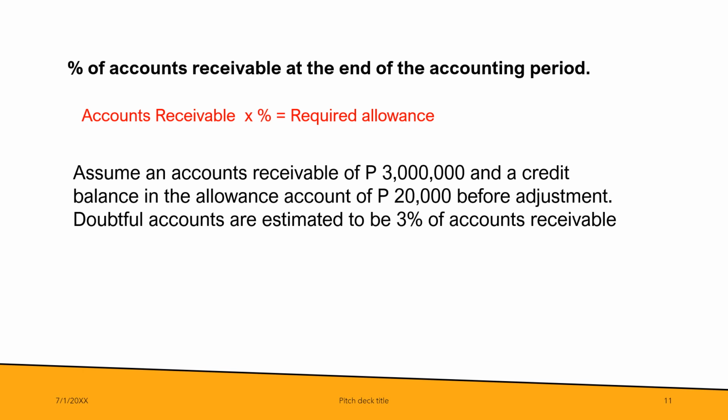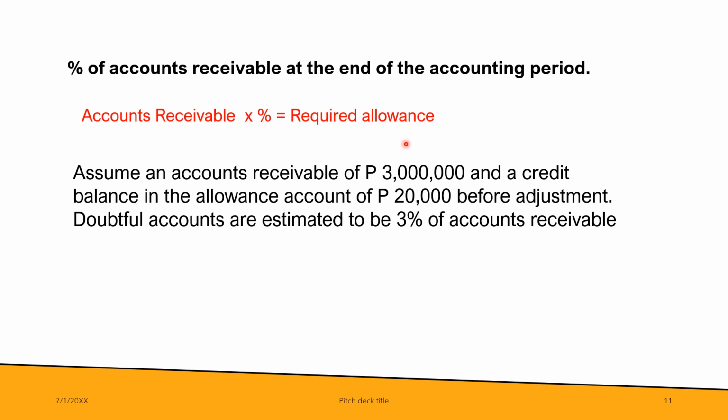Let's have an example. Assume an accounts receivable of 3 million and a credit balance in the allowance account of 20,000 before adjustments. Doubtful accounts are estimated to be 3% of accounts receivable. So we have 3 million and the percentage of uncollectible is 3%. 3 million times 3% is 90,000, and that is your required allowance for doubtful accounts.